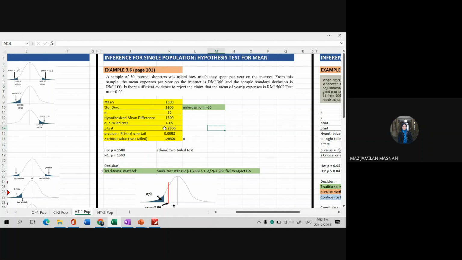So you have to know which of the values reflects your requirement. Don't simply, if the question is given for one tail and you use the two-tail critical value, then it will be the end for you. So please make sure that you know which one to use during your problem solving.